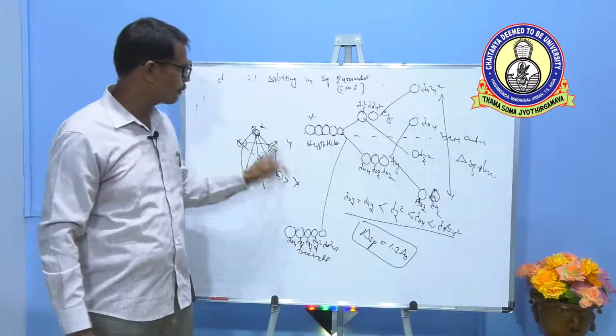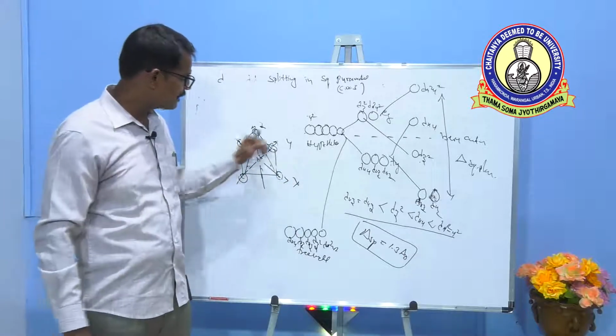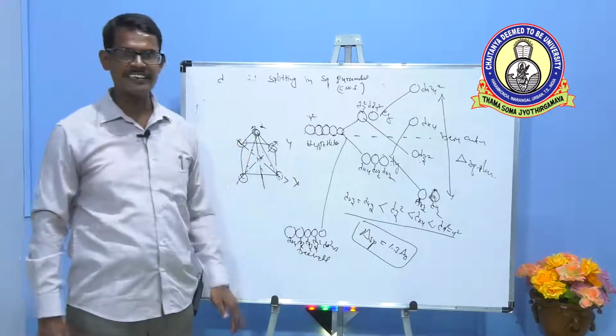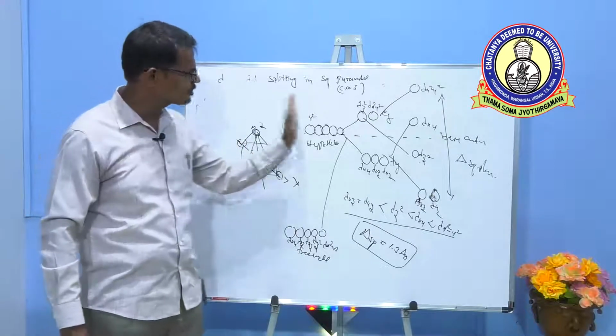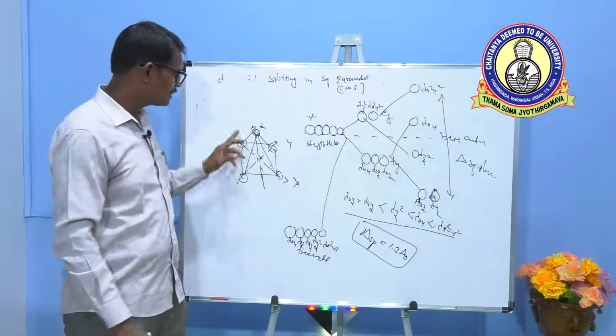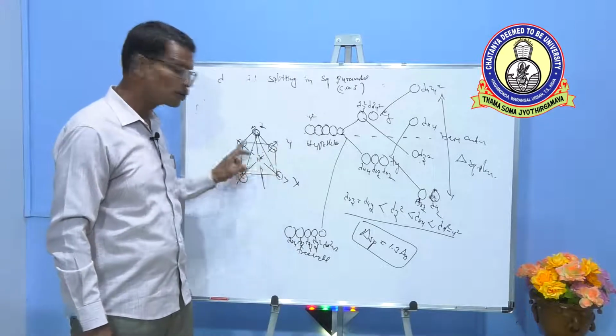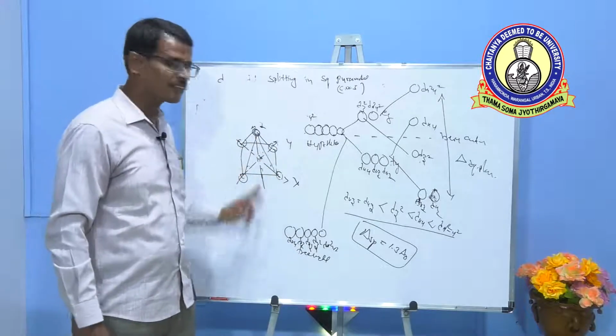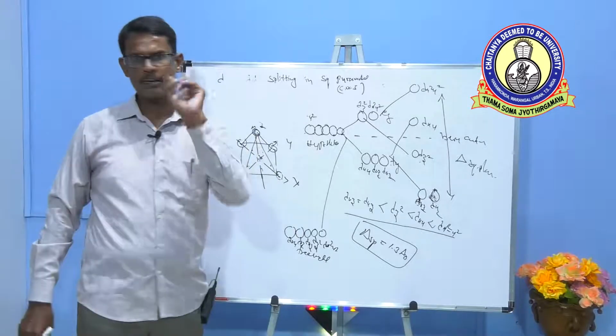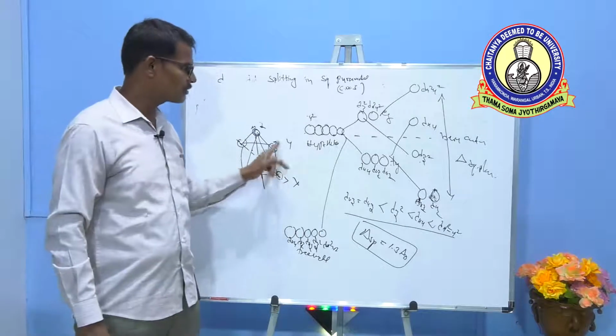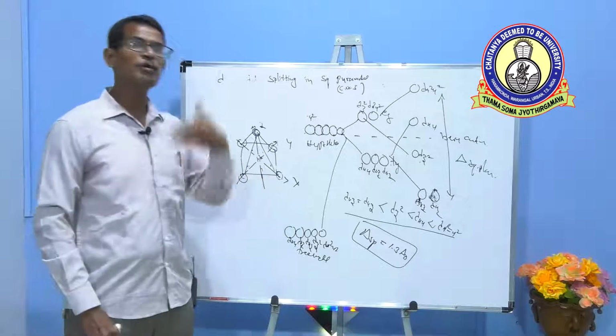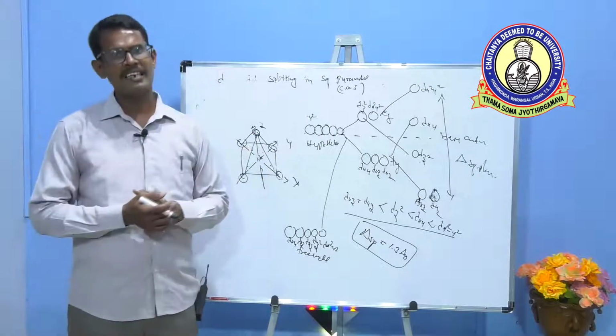So this square pyramidal geometry, ligands are present along X and Y axis, almost similar to the square planar. Means along X and Y axis 2 donor atoms are present, along the Z axis only 1 donor atom is present. Means XY contains more ligand field, Z contains less ligand field.